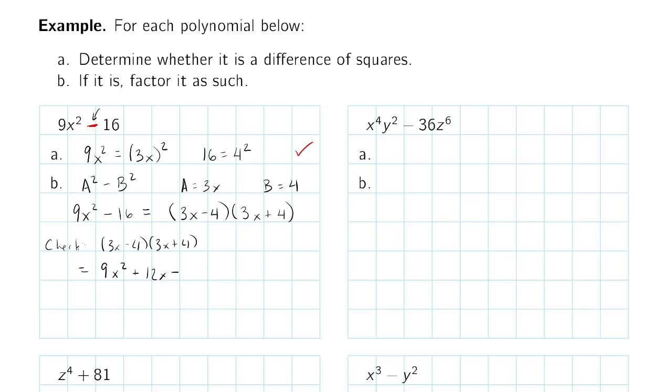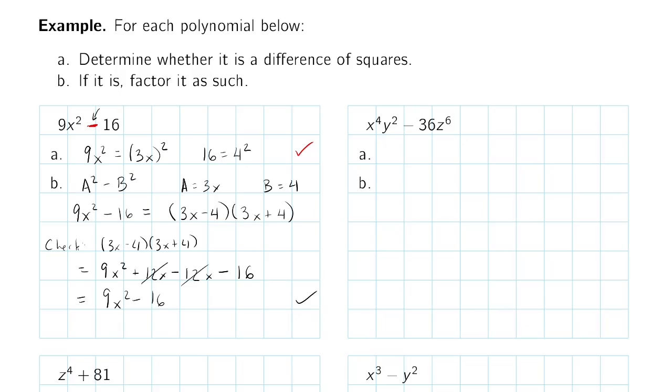Negative 4 times 3x is negative 12x. And negative 4 times positive 4 is negative 16. Plus 12x minus 12x cancels out, and we get 9x squared minus 16, as we hoped we would. Okay, so that was a difference of squares.